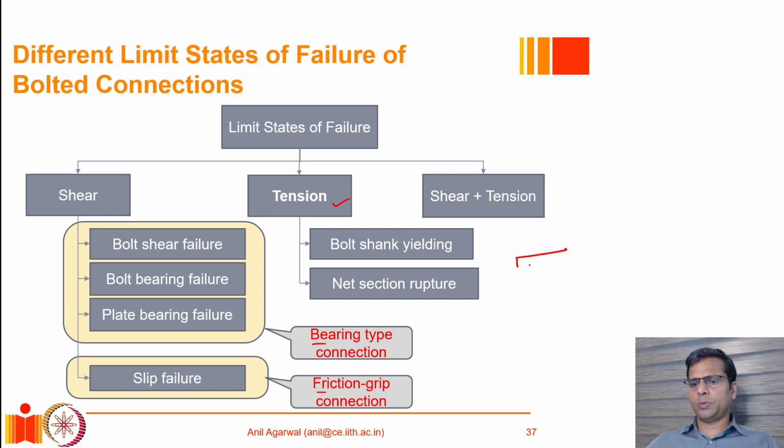A common situation could be when I have a plate, and to this plate I attach a T section, and this T section is basically supporting some load, and this T section is bolted to the other plate using these two bolts. So these two bolts in this situation would be under tension. So what would be the design strength of such bolts when they are subjected to tension? We will discuss that. Then at the end we will discuss the situation when the bolts are subjected to a combination of shear and tension.